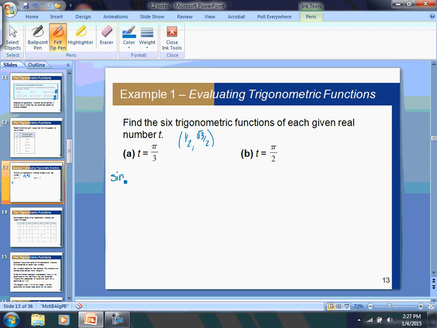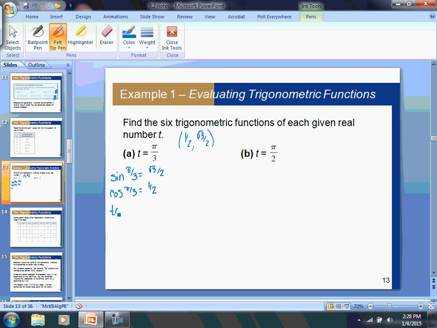Okay, so the sine of pi over 3, remember that's just going to be the y value, so that's square root 3 over 2. Cosine of pi over 3, that's our x value, so that's just 1/2. Easy peasy.